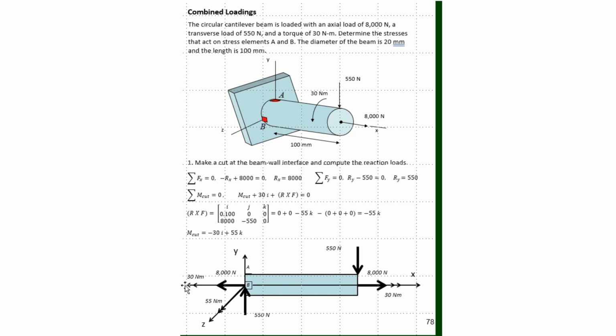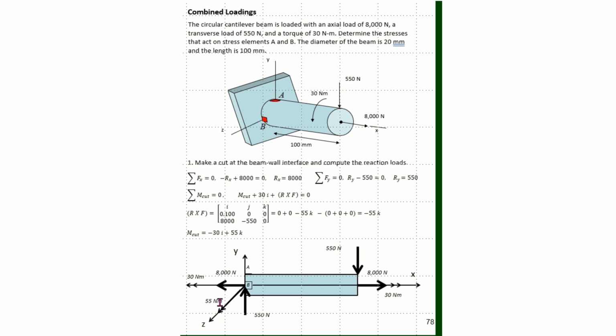This 30 Newton meter torque is trying to twist the beam, and so putting my thumb in the direction of the arrows, I can see that the arrows would be going up along this side of B and also up along that side of A. And so that distinguishes the direction for the torque.